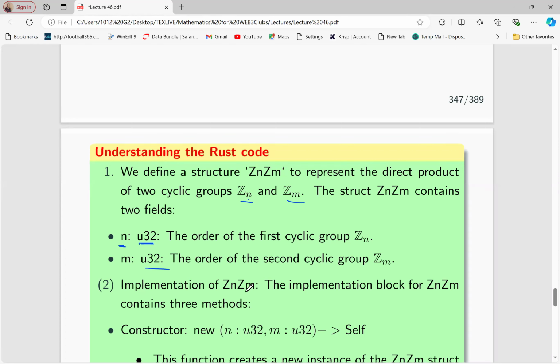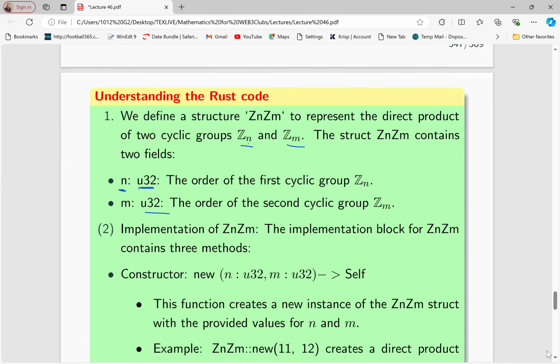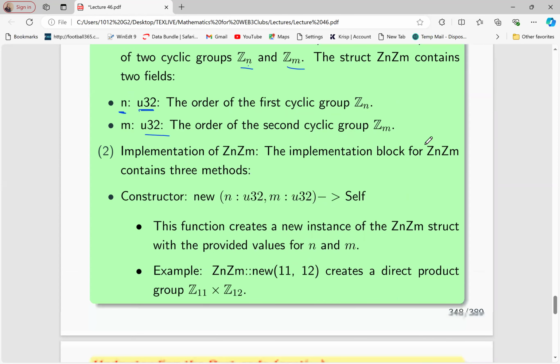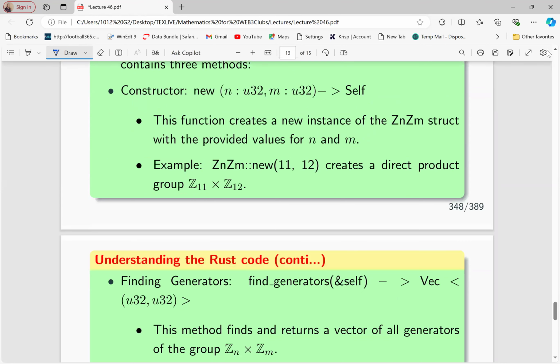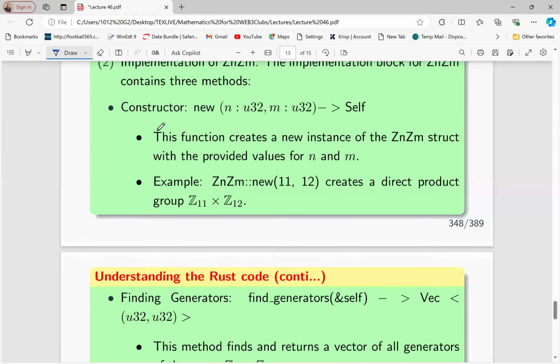And then implementation. This one just contains the methods they're going to use. We have this constructor new, this part creates a new instance for this group with the n and m.